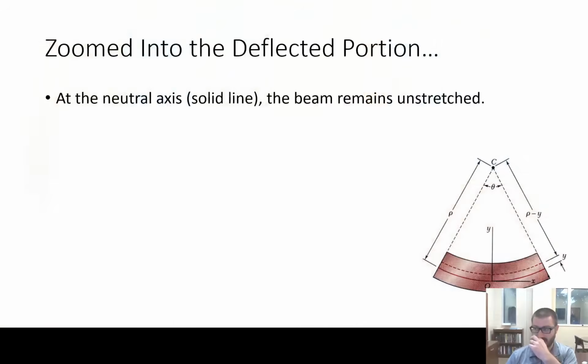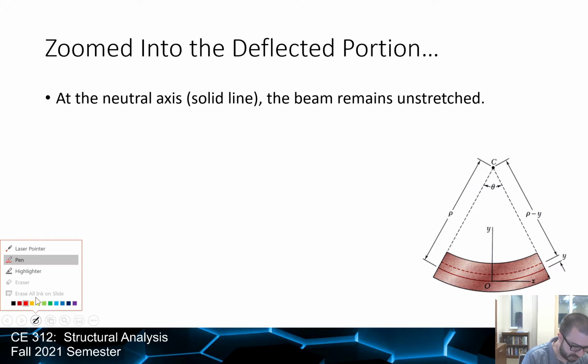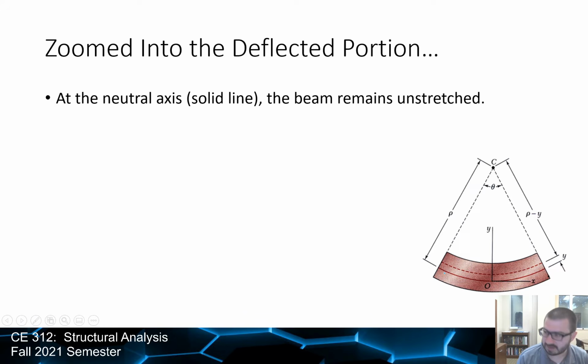Okay, so if we go back to the lecture here, here's an image of what I'm talking about, and let me change my color so we can see. This line right here does not change length after the beam is deformed. What I want to see is whether I can determine the length of that line. This goes back to basic geometry.